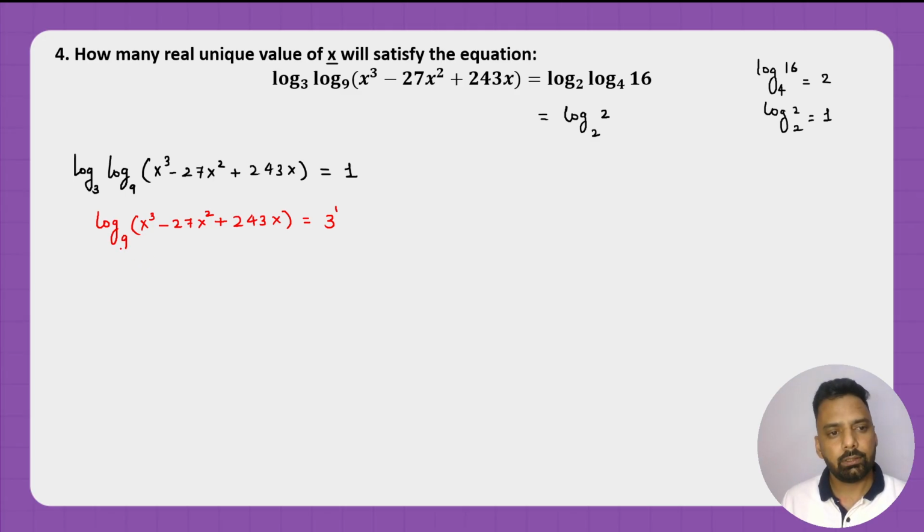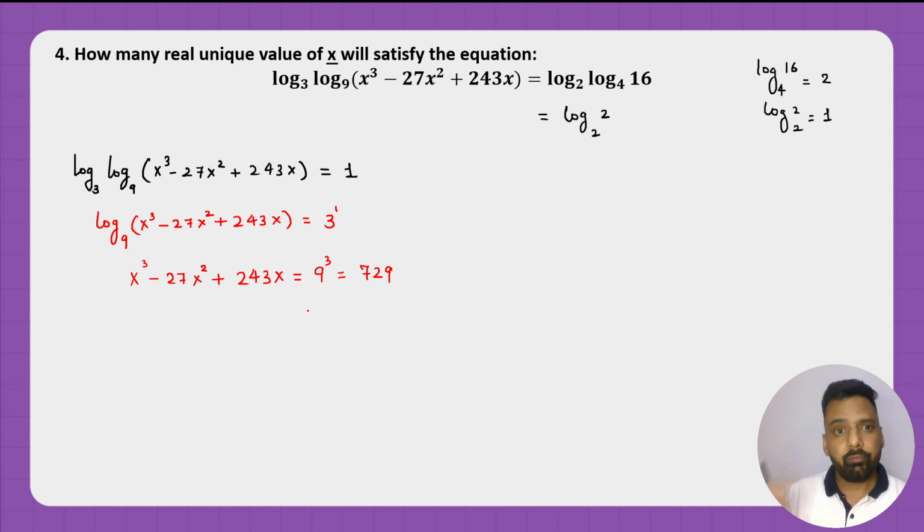Again, 9 is my base, 3 is my power. So x cube minus 27x square plus 243x is equal to 9 to the power 3, right? 3 to the power 1 is 3, so 9 to the power 3 is 9 cube, which is 729.